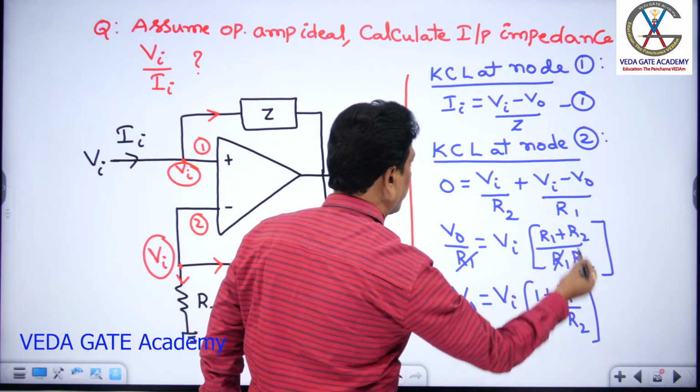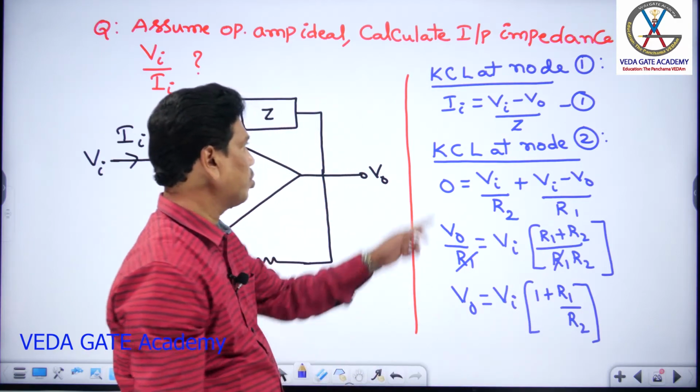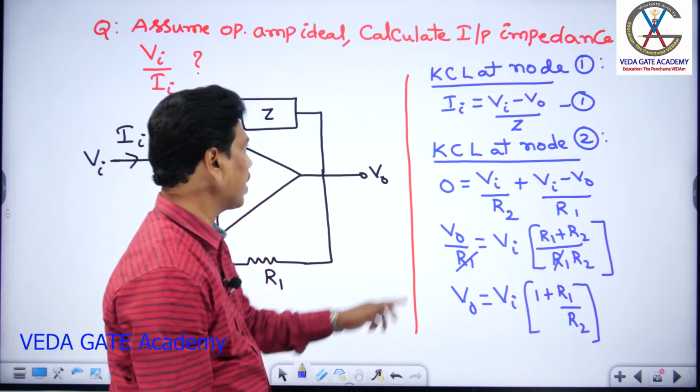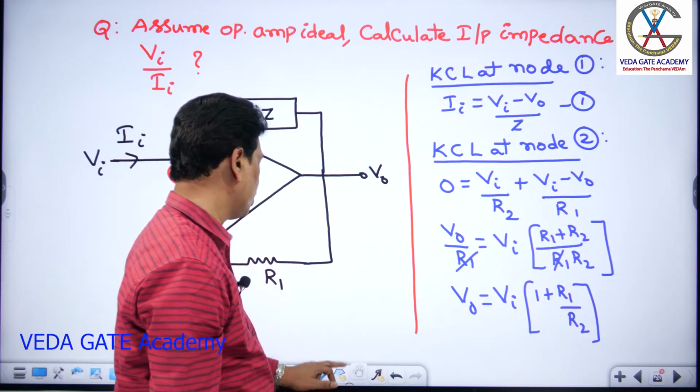Now I substitute this into equation 1 to get the corresponding input impedance.